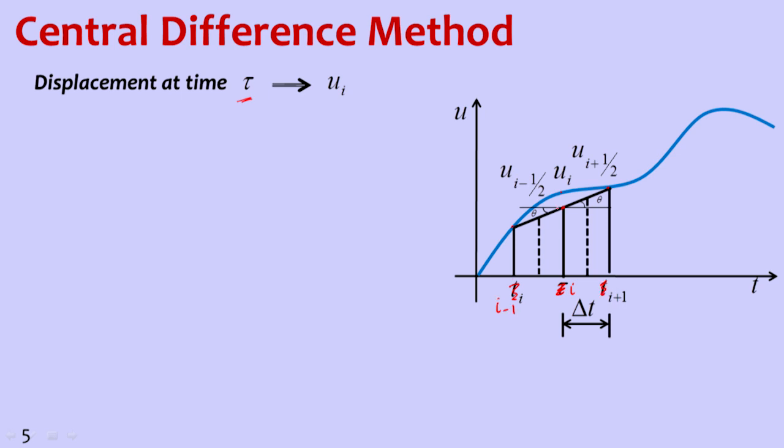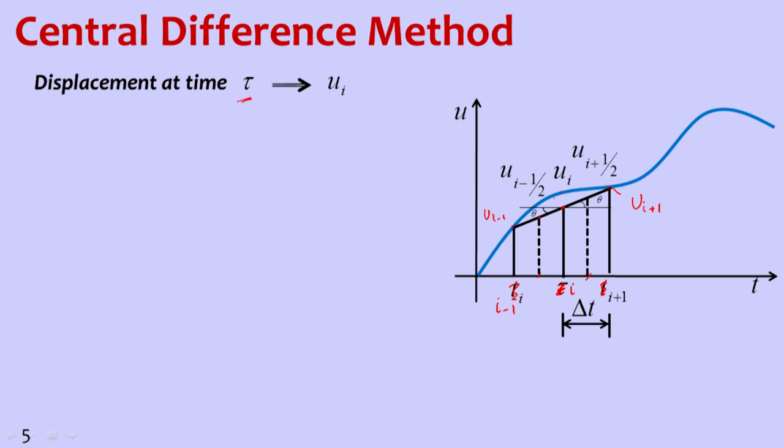So, at the i instant, u is equal to u i, at the i minus 1 instant, u is equal to u i minus 1, and at i plus 1, u is equal to u i plus 1. In the middle of these, we have u i minus half, and here u i plus half. So, this is the i minus 1 time instant, i time instant, i plus 1 time instant, and this is the i minus half time instant and i plus half time instant.